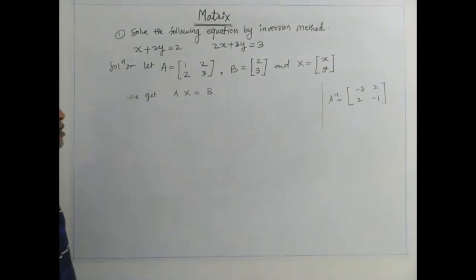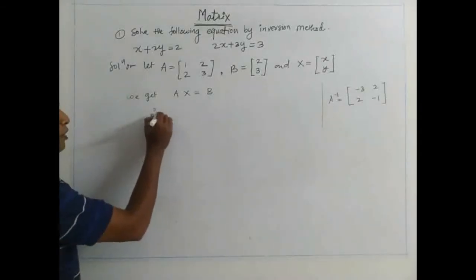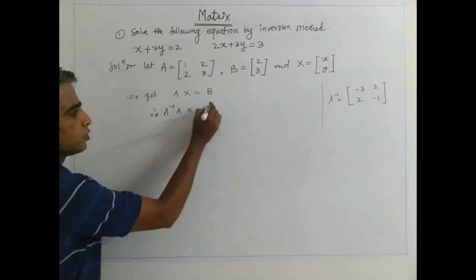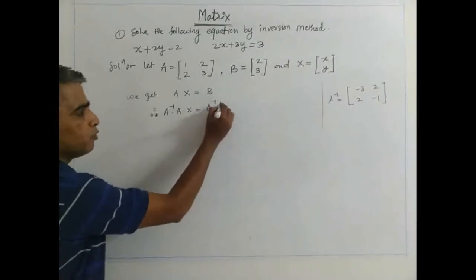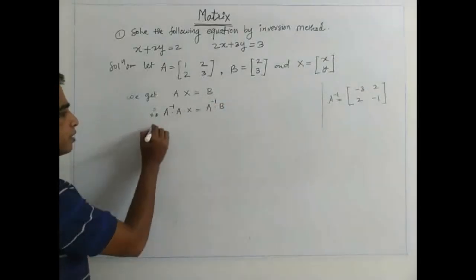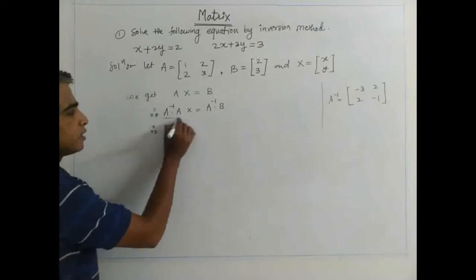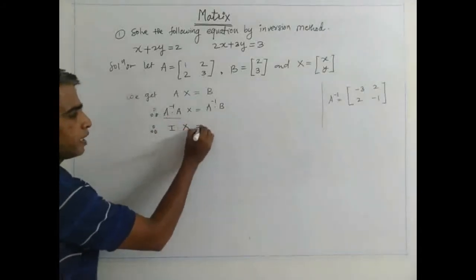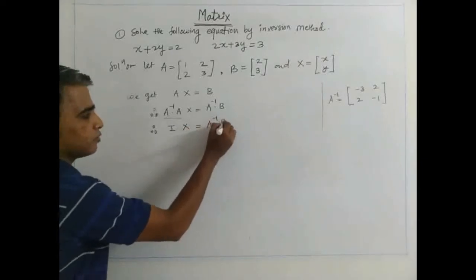For this, we need to multiply A inverse on both sides. So we are doing pre-multiplication: A inverse into A into X. The same pre-multiplication we have to do on the opposite side: A inverse into B. But we already know that A inverse A is the identity matrix, so we get identity matrix into X equals A inverse into B.